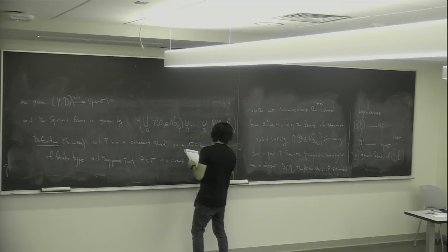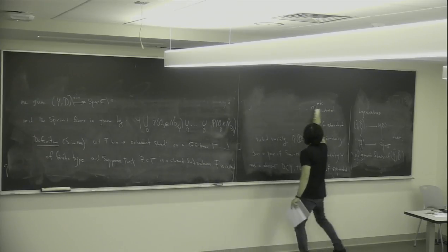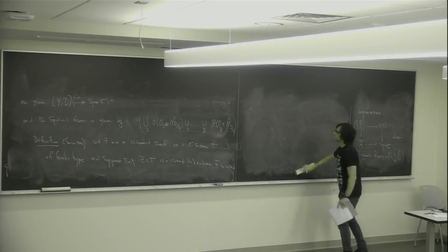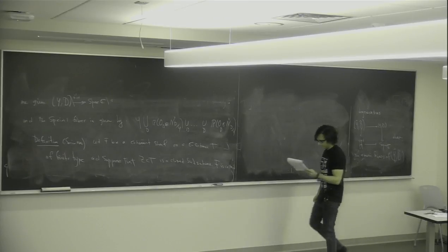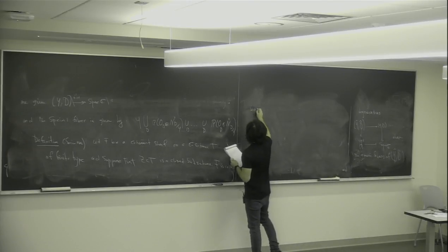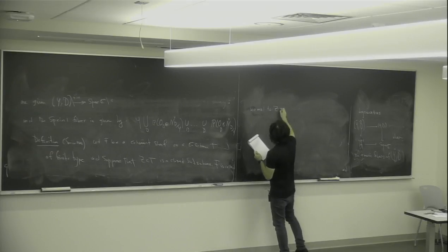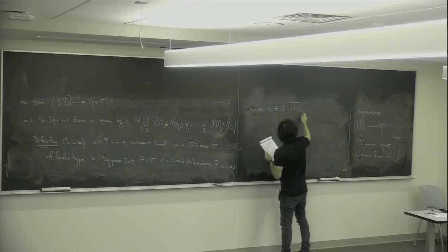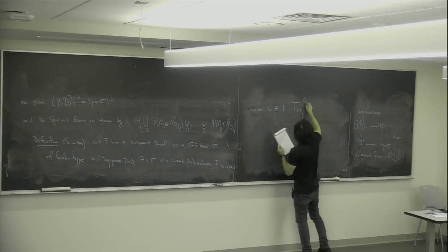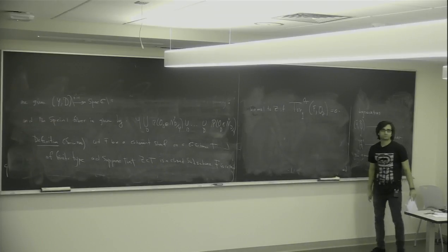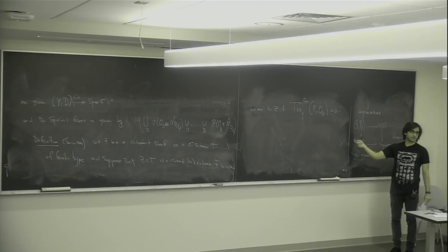This is the question that Pengao was asking. F is called normal to Z if this condition is satisfied: Tor_1 of O_T, F and O_Z is equal to 0. If this condition is satisfied, your sheaf is normal to Z.